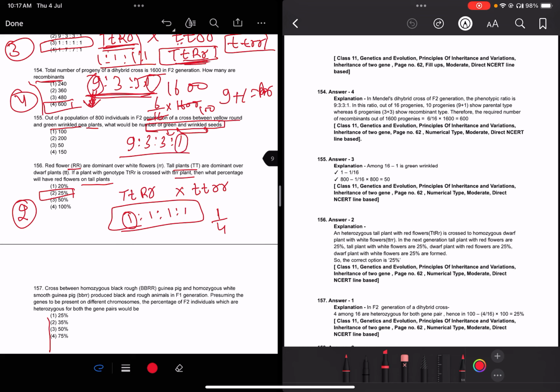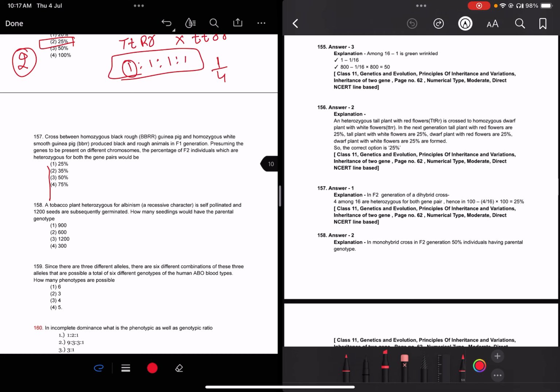Green and wrinkled, both recessive, is only one, the last in the phenotypic ratio. So 1 out of 16 of the total 800 individuals gives 50 plants. So the answer is 3 here.